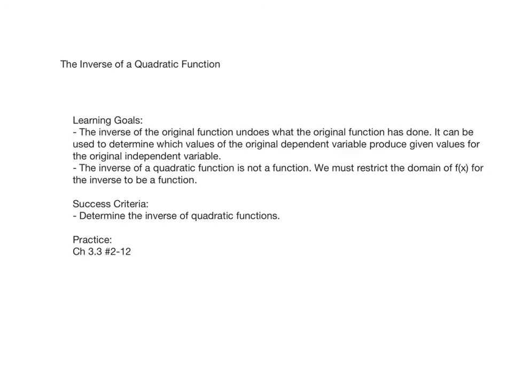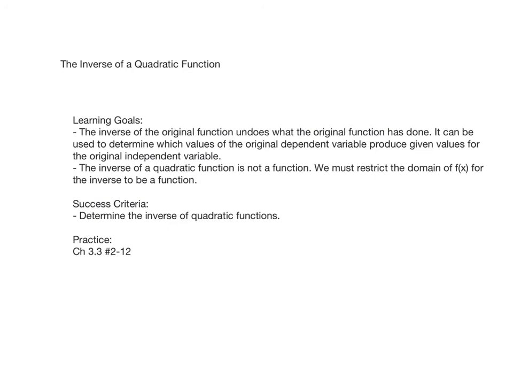And that concludes our first lesson for learning at home. So we've gone through the inverse of a quadratic function. We took a look at the fact that the inverse of the original function undoes what the original function has done. It can be used to determine which values of the original dependent variable produce the given values for the original independent variable.